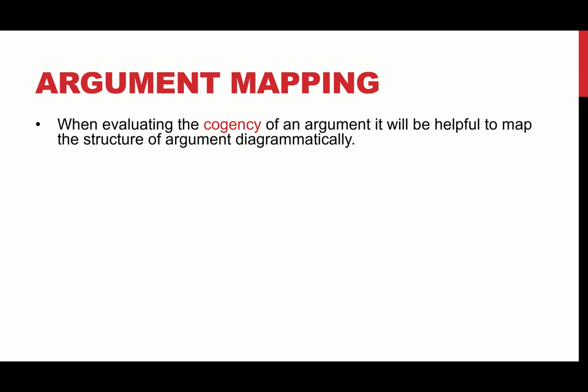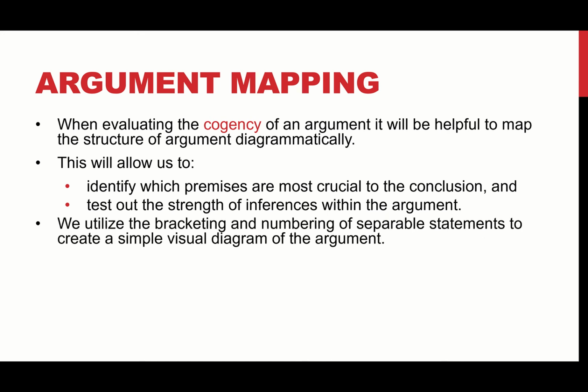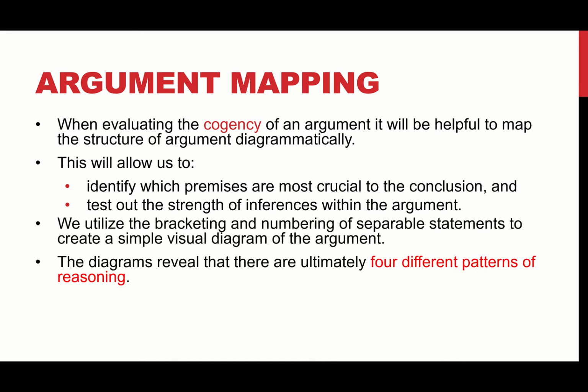If we can draw how an argument is structured, inferentially speaking, it becomes much easier to evaluate it because it helps us identify which premises are the most crucial to the conclusion, and it'll help us test out the strength of inferences overall in the argument. So yeah, we still do all that bracketing and numbering stuff.